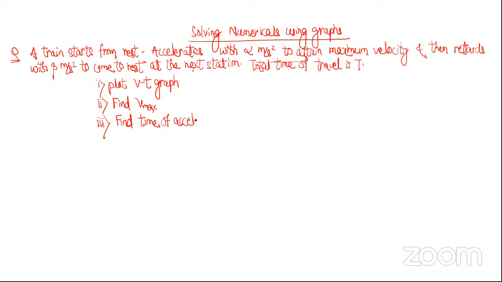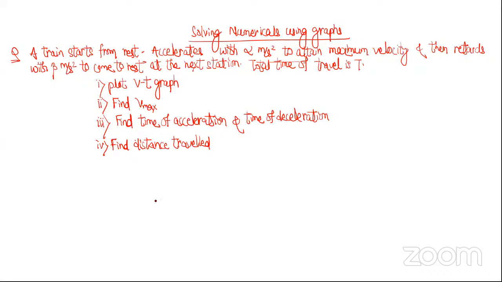How much time it accelerated and how much time it decelerated, that is the meaning. Acha. Then fourth, find total distance traveled. अब देखो ये क्वेश्चन मैं कर लेता हूं, अगला क्वेश्चन आपको करना होगा.